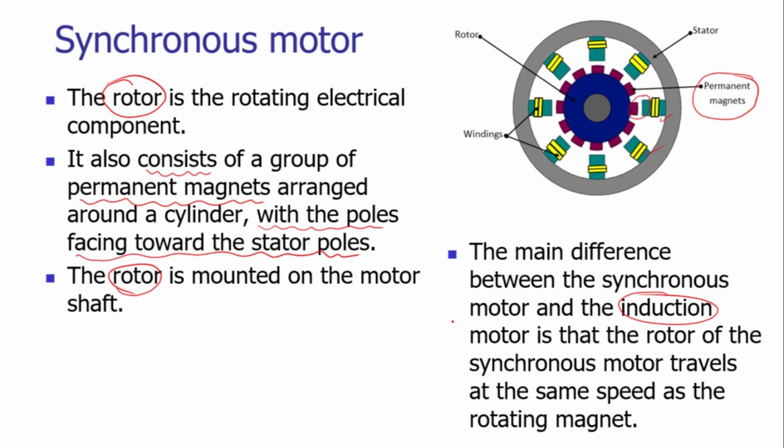This is the prominent advantage of the synchronous motor: the rotor speed is similar to the stator speed. Whatever rotation the stator provides in the magnetic field, the rotor will follow the same. But that is not the situation in the induction type alternating current motor.